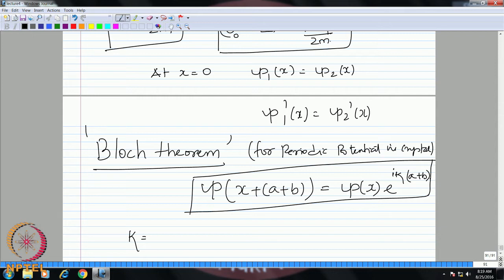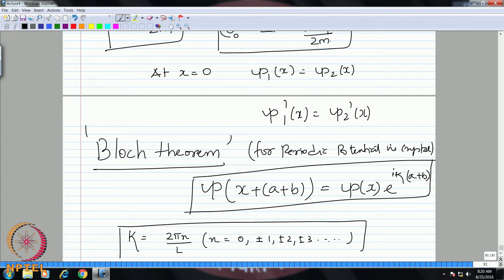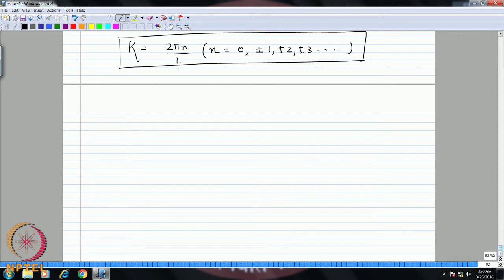Now this kappa is the wave number corresponding to the crystal, and this puts a condition again that it is not continuous but discrete, given like this, and n can be 0, plus or minus 1, plus or minus 2, 3 and so on. Okay. So, this is basically the kappa, and what is L? L is the length of the crystal.